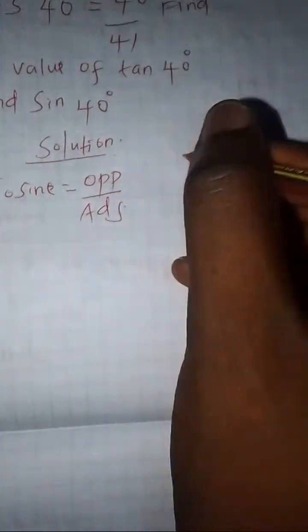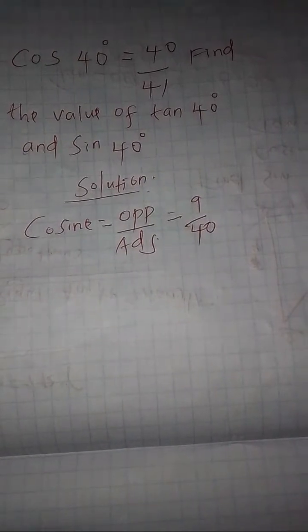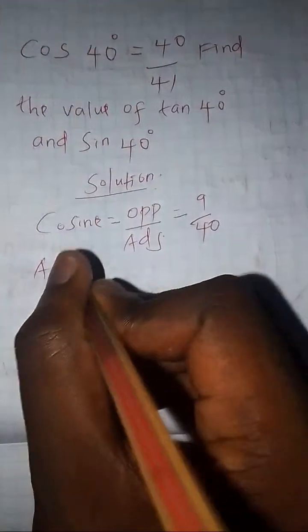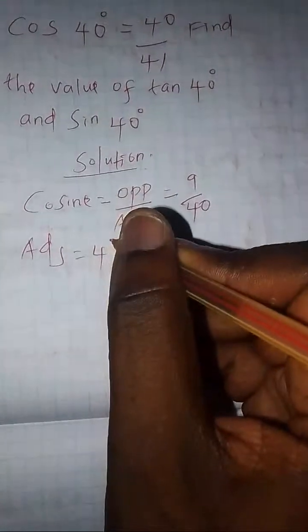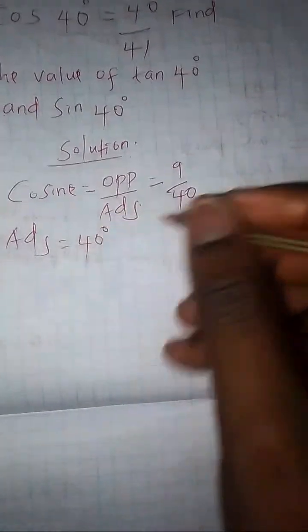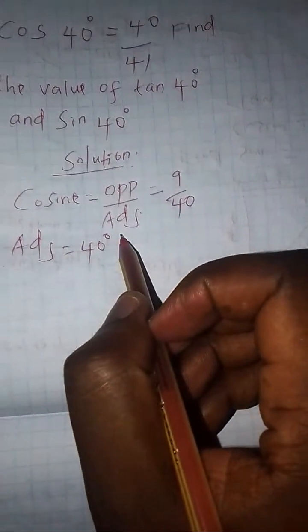Now, the opposite is 9 out of 40. So now the adjacent side is 40. Why do we say the adjacent side is 40?